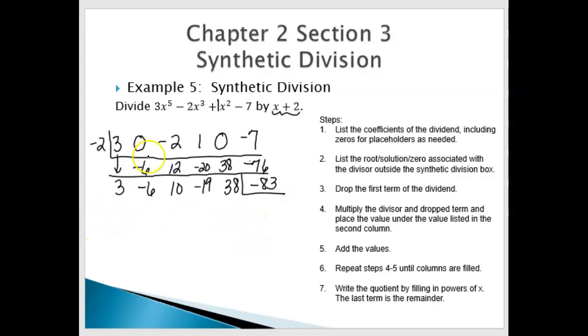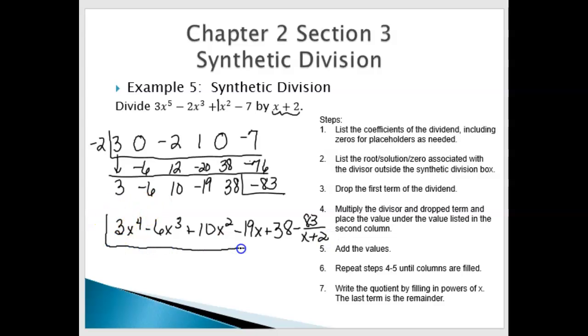So that means this answer, since I started with an x to the 5th function, a 5th degree, that means my quotient is going to begin with an x to the 4th. It's going to be a 4th degree polynomial. So this is 3x to the 4th power minus 6x to the 3rd, plus 10x squared minus 19x plus 38 minus 83 over x plus 2.